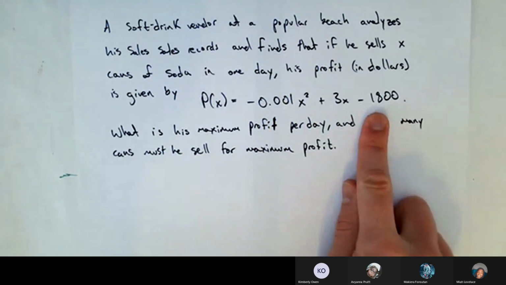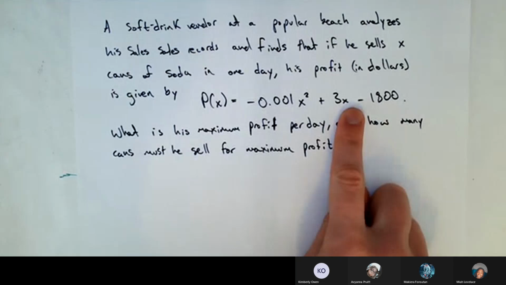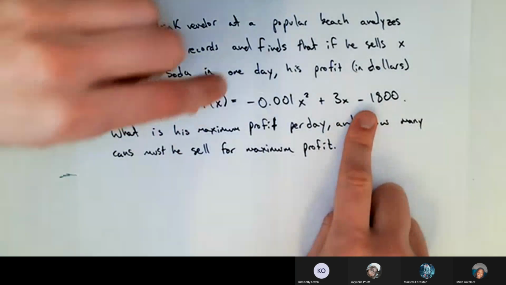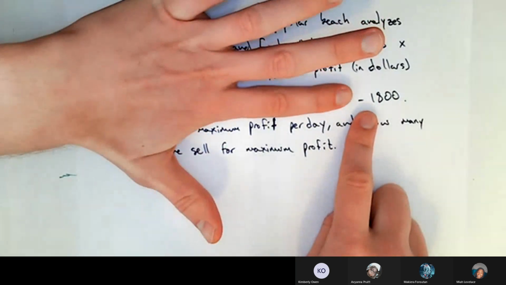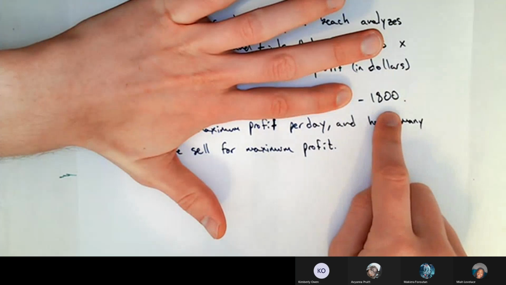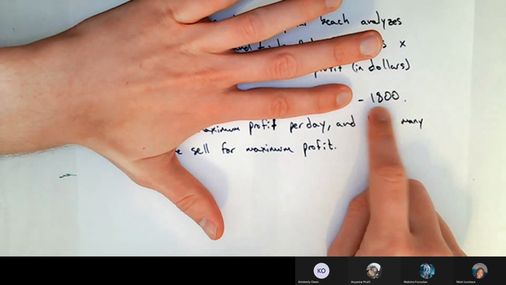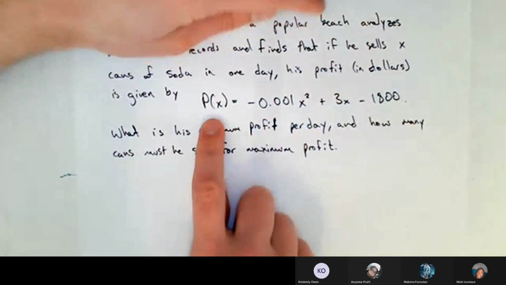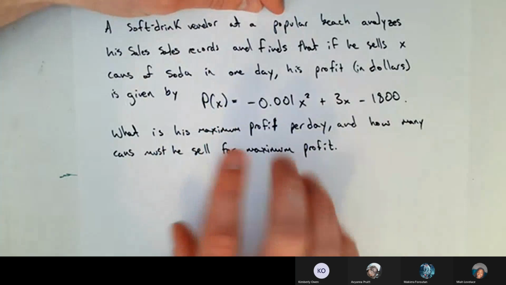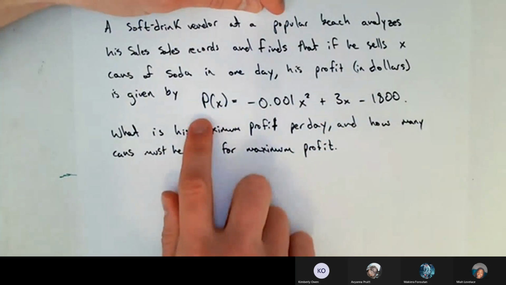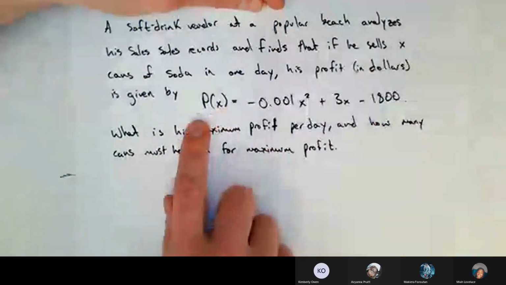You'll have a very large constant term, usually negative. If he sold 0 cans in a day, he would lose $1,800. That would be p at 0, with x equal to 0.